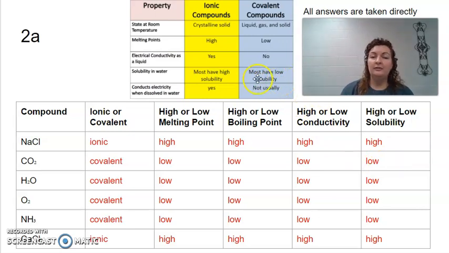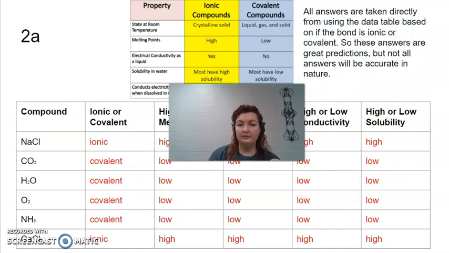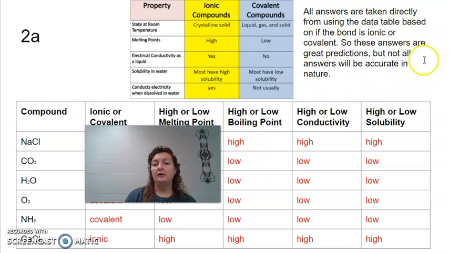And then solubility, most have low solubility. So do you see how it's saying these words like most or usually? That means the majority of the time, right? Not all of them, but this is our answers based off of this data table, and that's what this is saying right here. So all answers are taken directly from using the data table based on if bond is ionic or covalent.